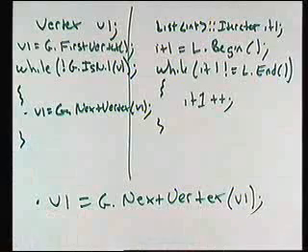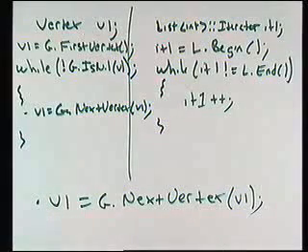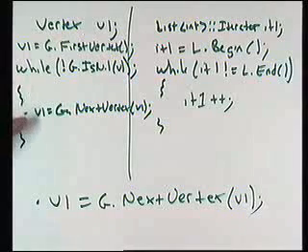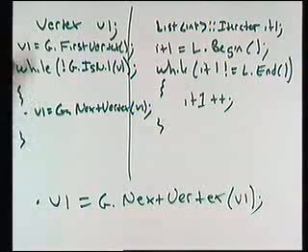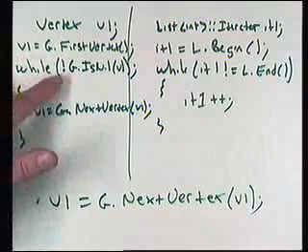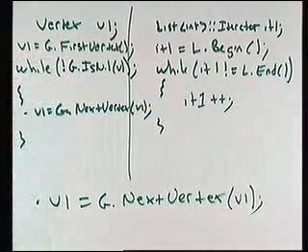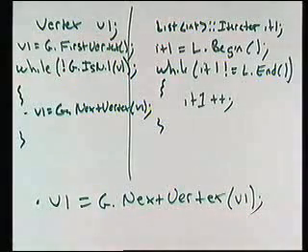So we say, give me the first vertex. And if it's not true that that's nil, then you'll set it to the next vertex. And if it's still not nil, you set it to the next vertex, and again. And is it nil now? Oh, yes, it is. So this condition is not true, and so you leave. And that would be how you'd go down the list one by one.